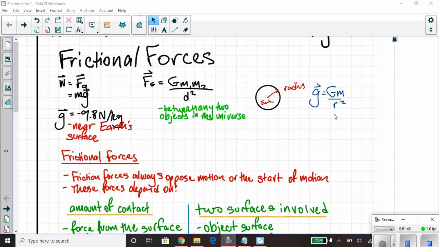You could do it for the moon. To find the gravitational field strength of the moon, you would put the universal gravitational constant right in here. Remember, we learned about that yesterday: 6.67 times 10 to the negative 11 newtons meter squared per kilogram squared. And you would put in the mass of the moon and the radius of the moon squared in the denominator, and you would find a value that's not negative 9.8 newtons per kilogram, but about a sixth of that.